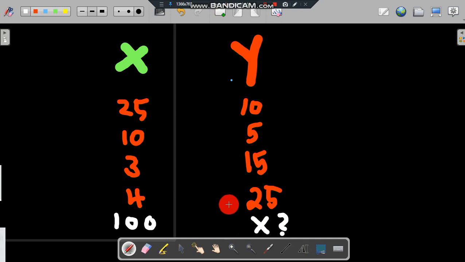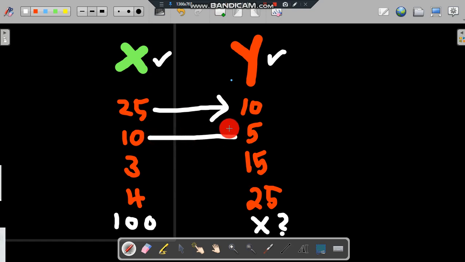I repeat, x and y are two variables. They are connected like this. When x is 25, y is 10. When x is 10, y is 15. When x is 3, y is 15.